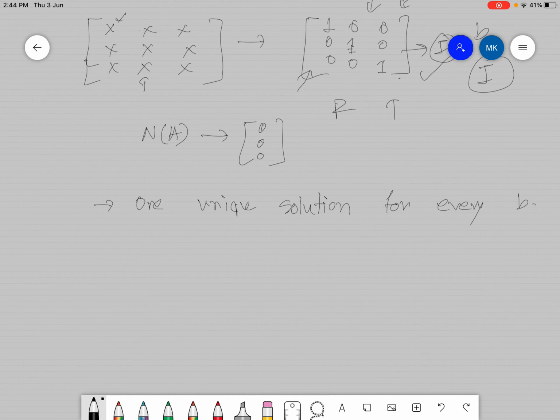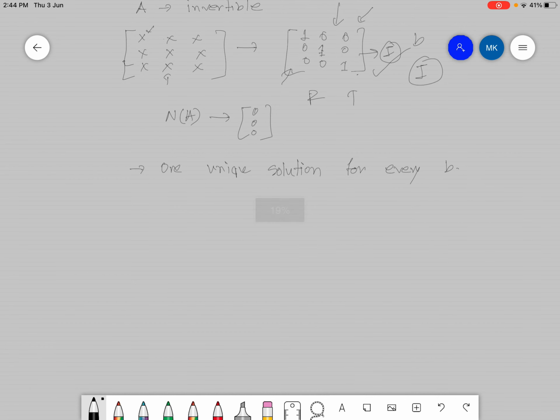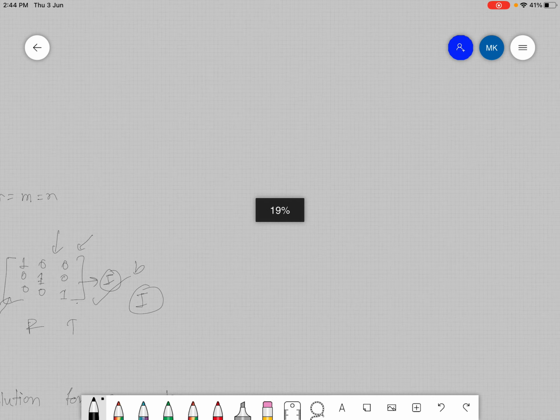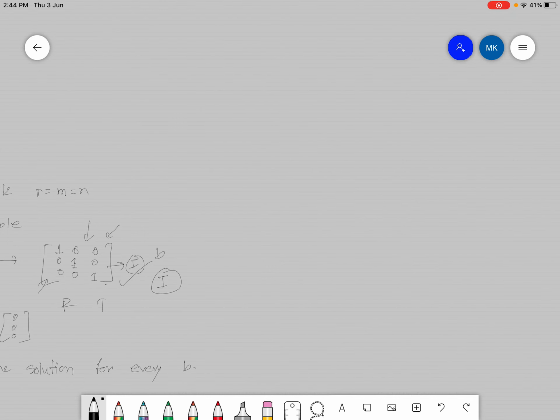So if I want to summarize, or make a table, let's say, this is the summary table.